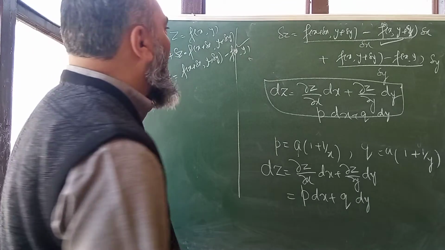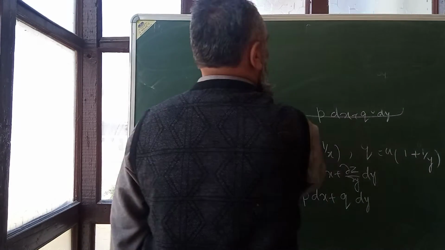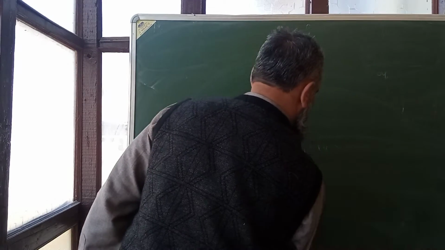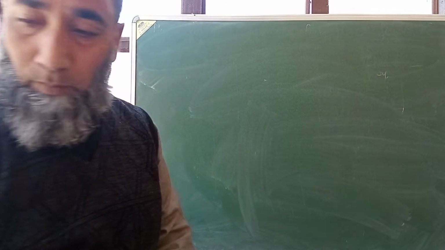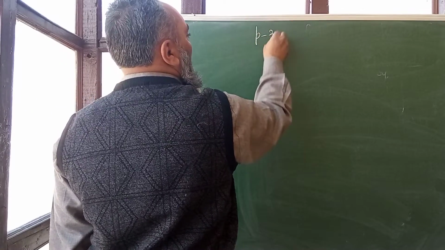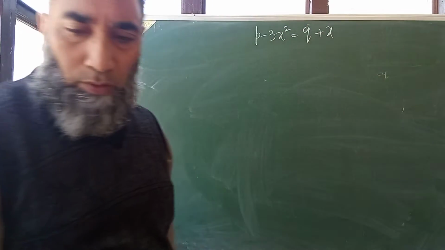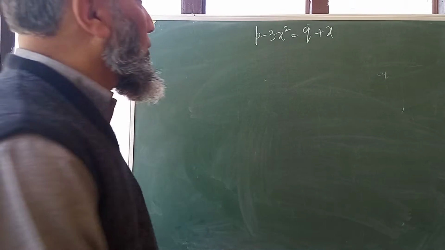Okay, now let me take up one more question. Let me have p minus 3x square equal to q square minus y.